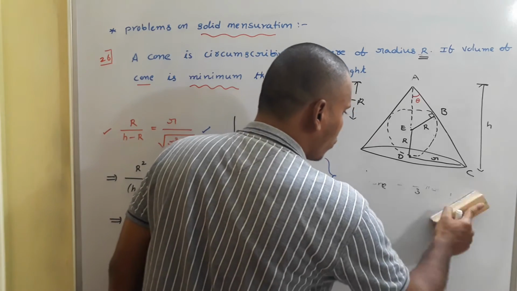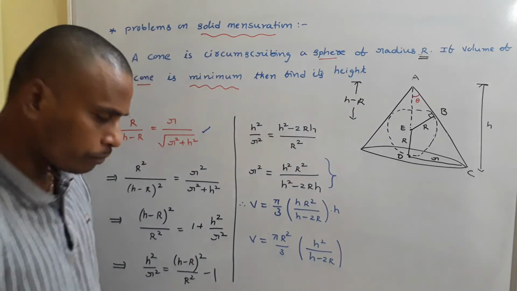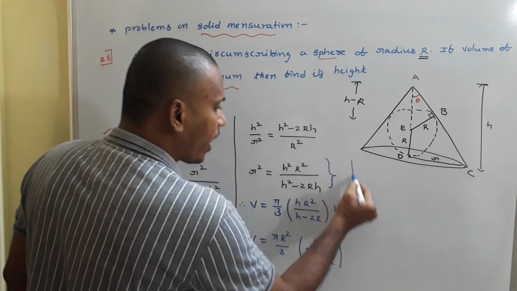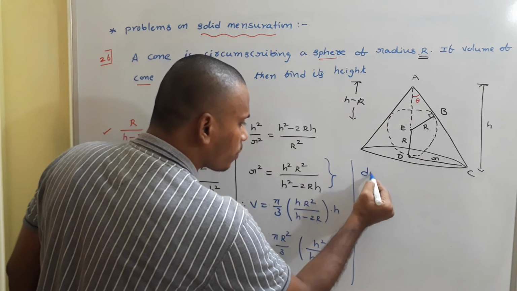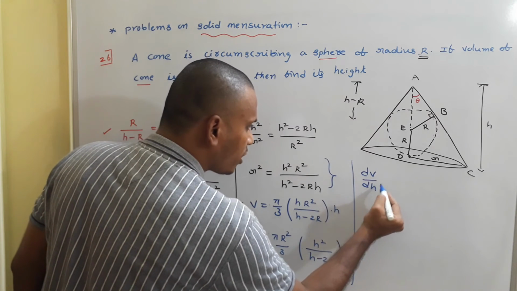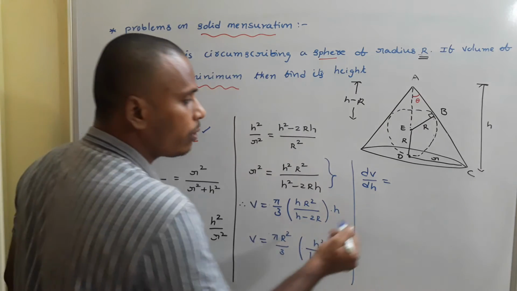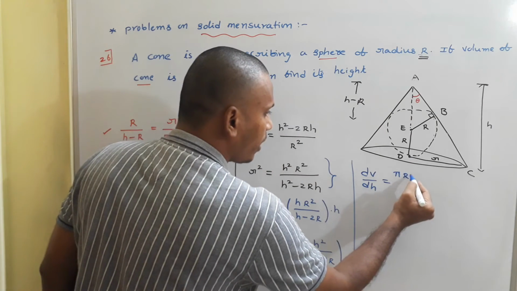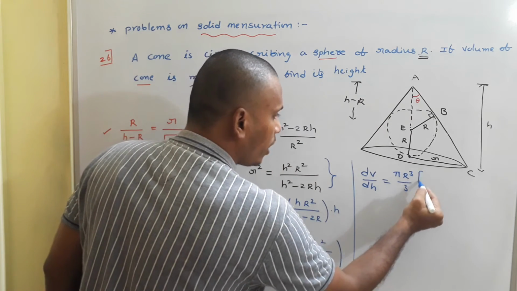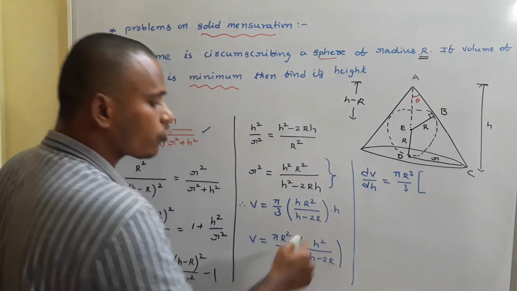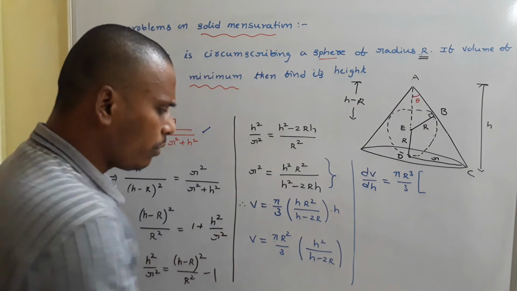I am just erasing this formula for the space. Okay, and now I am trying to calculate derivative of this v with respect to h. dv by dh is equals to this pi r square by 3 is a constant part. Separate it, and we need to apply differentiation for this h square by h minus 2r, and we are familiar.